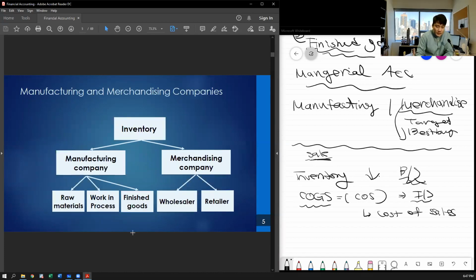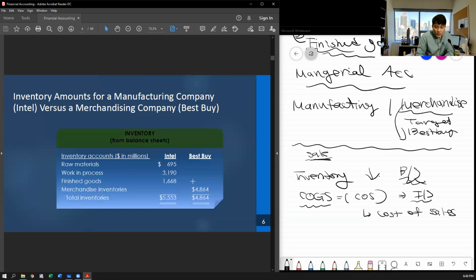So I talked about this previously. Manufacturing companies report three types of inventories, whereas for merchandising companies, if you're a retailer or wholesaler, you're just going to report inventory per se. That's it. Okay. So this is a brief description of an inventory.